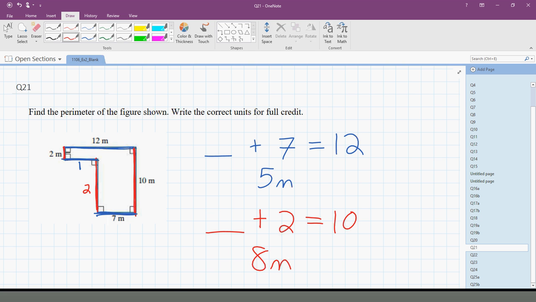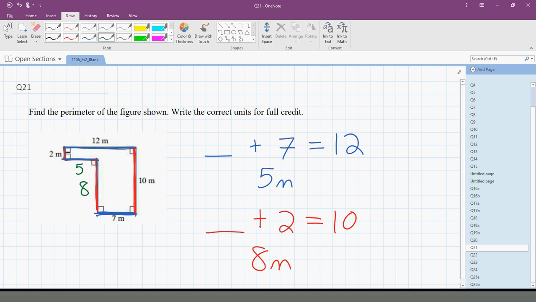So now we can find our perimeter, right? Now we know everything we need. Now we can come in here and add up all of our sides, because we now know that this is 5 and we know that this is 8. Add it all up.